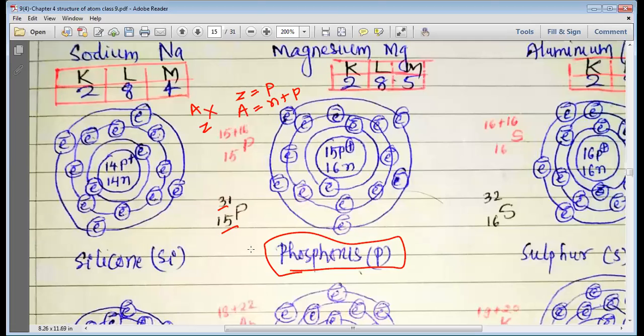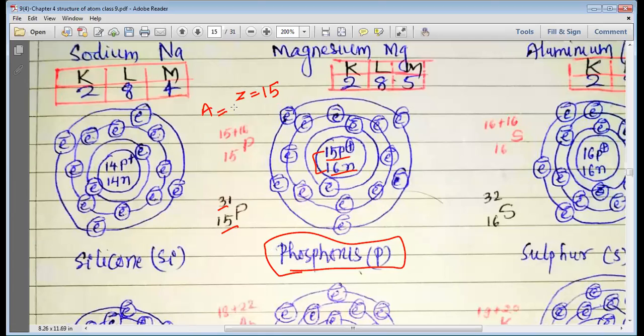So today we want to study about the phosphorus. Phosphorus has got, you can see on your screen, 15 protons, so its atomic number Z is equal to 15. Phosphorus has got 16 neutrons. If we add up the number of protons and number of neutrons, that gives you the atomic mass number.